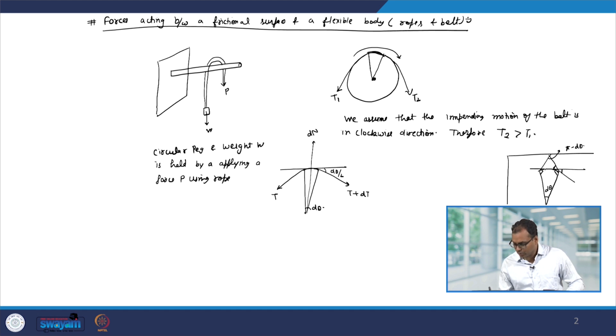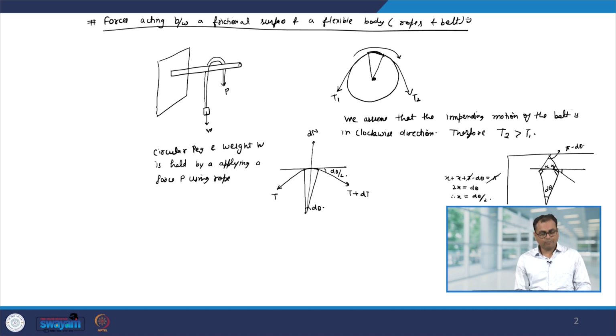This angle will be equal to that angle. Let us say this is x, this is x. So, we have x plus x plus pi minus d theta equal to 180 degrees equal to pi. So pi gets cancelled, and you get 2x equal to d theta. Therefore, x will be d theta divided by 2.